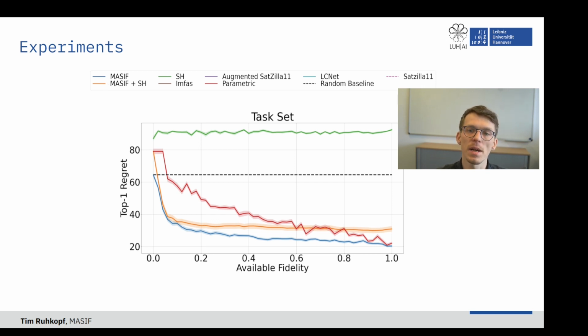It decides based on the entire allocated budget and the resulting observed partial learning curves. As a consequence of successive halving schedule, this combination requires considerably less budget. But MASIF's meta experience drives the regret behavior.